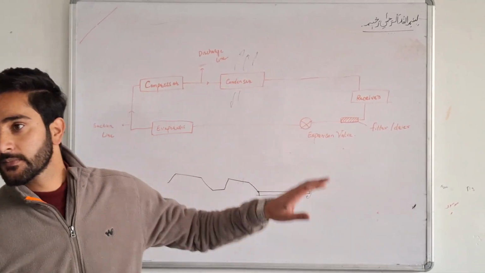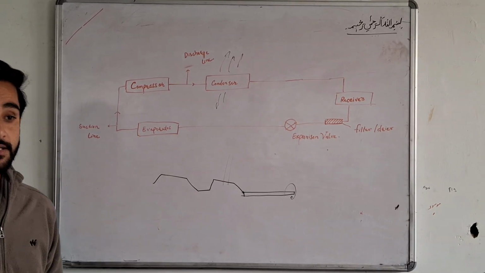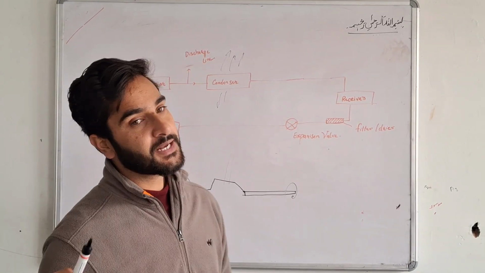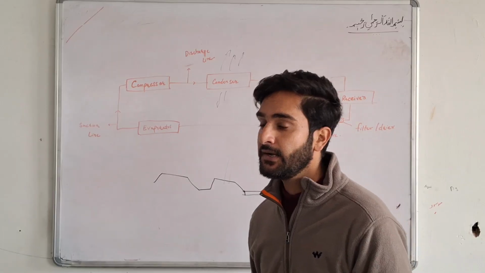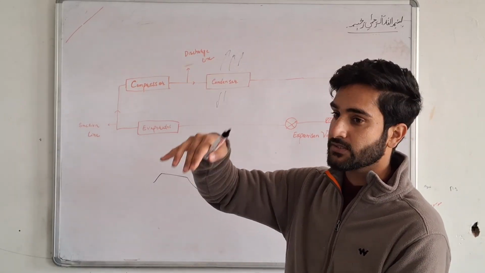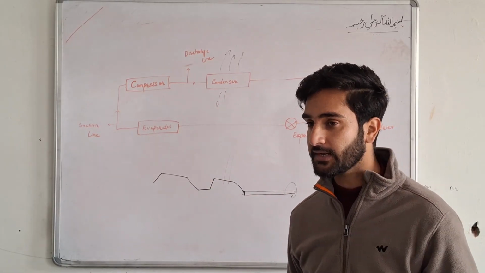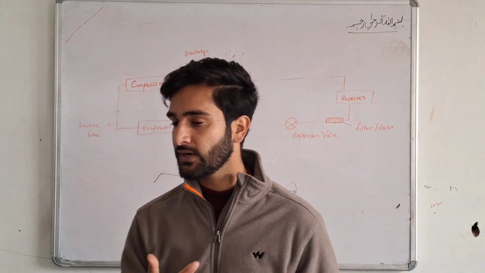So this is a compressor of the refrigeration system, and there are many other different kinds of compressors as well. They may be screw compressors, scroll compressors. This one is a reciprocating compressor. There is also the centrifugal compressor.